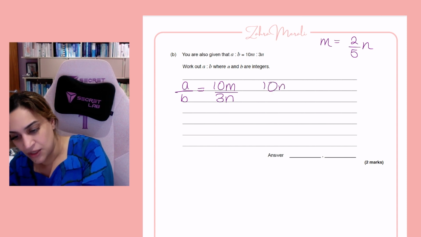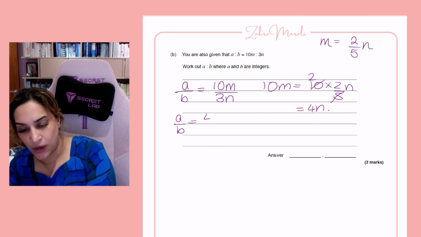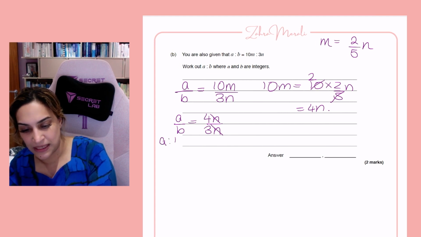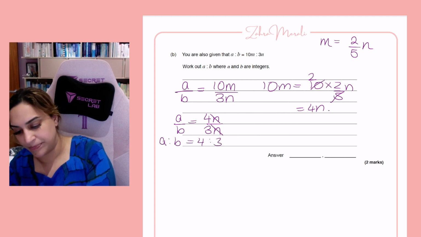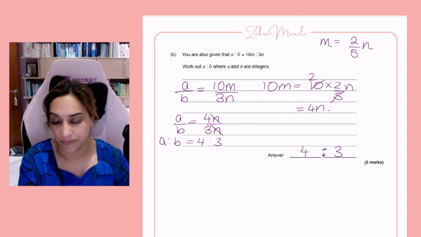So 10m will be 10 times 2/5 n. That's going to cancel and give me 4n. So now we've got a over b is 4n over 3n. We can cancel out the n's, and we can see a to b is 4 to 3. So our answer will be 4 to 3.